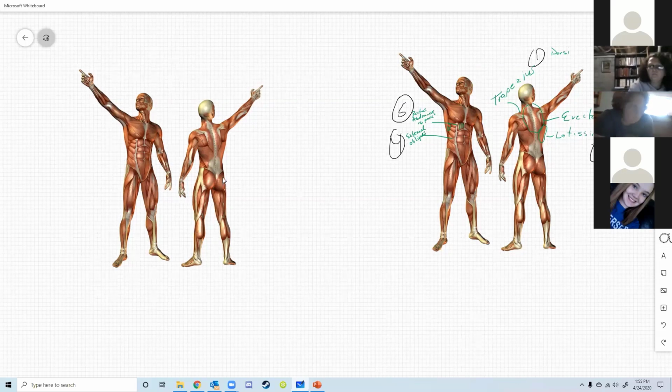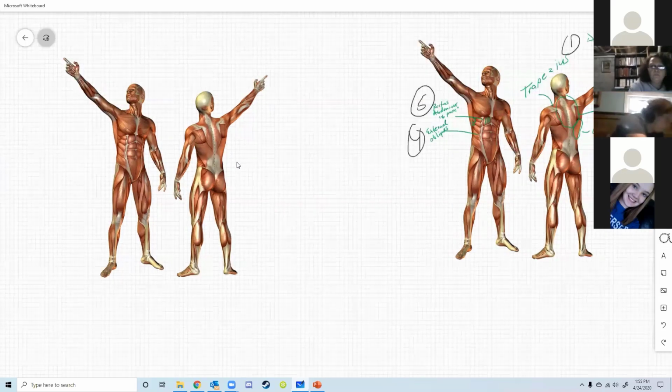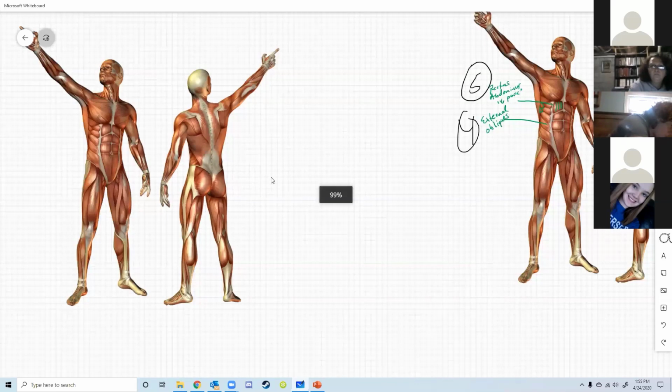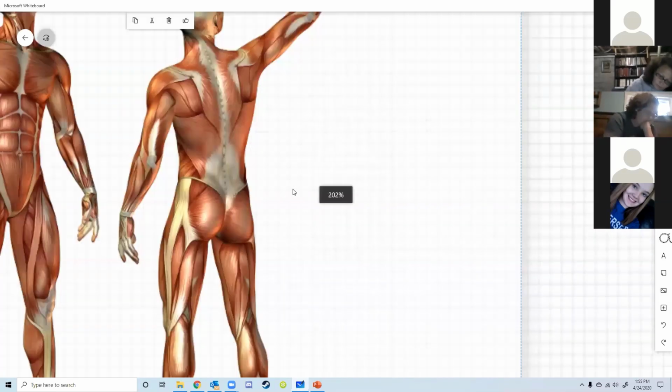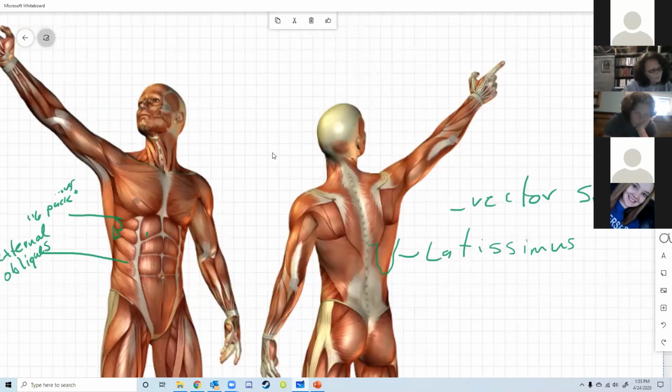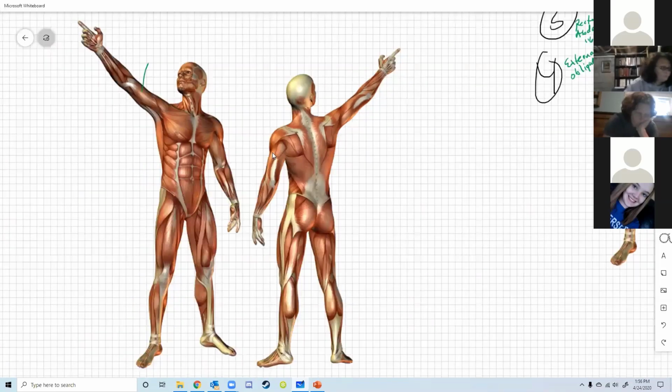All right, so let's look at our arm. Obviously, we've got our bicep. And right here is our tricep.